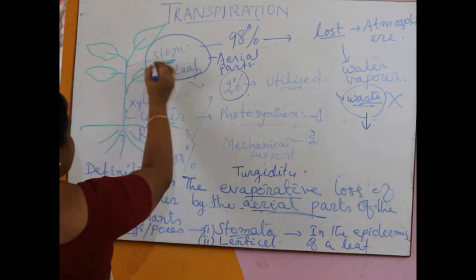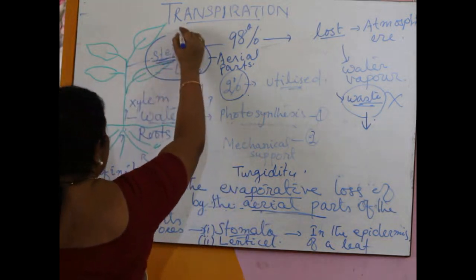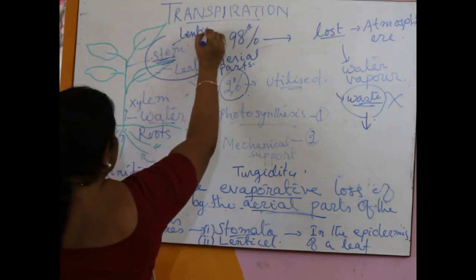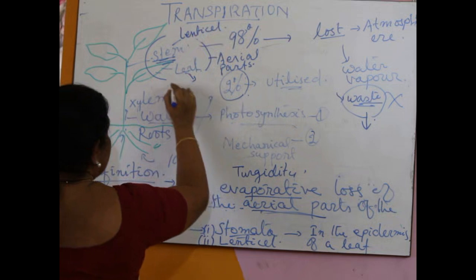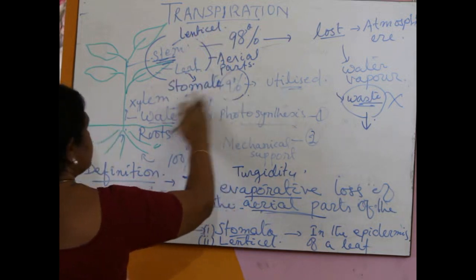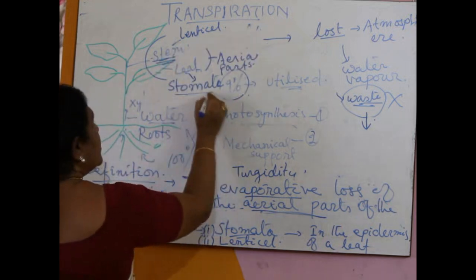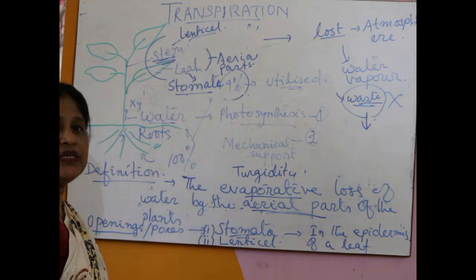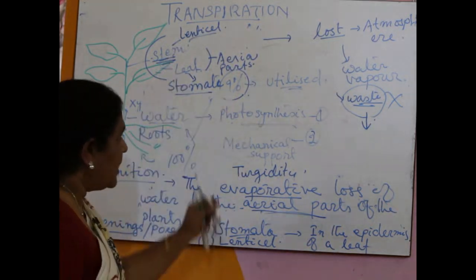So old stems have lenticels and leaves have stomata. These are the two openings through which transpiration occurs, lenticels and stomata. Am I clear now?